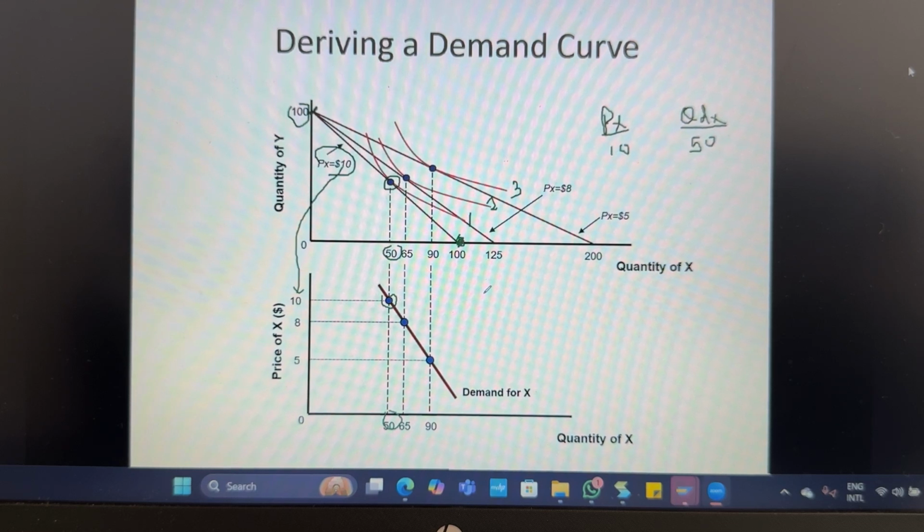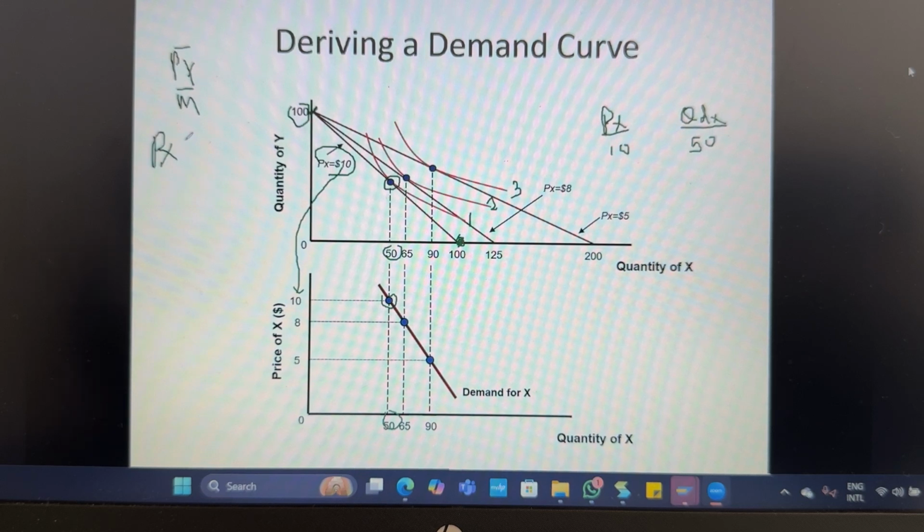Now suppose Py remains unchanged, M, that means your income remains unchanged, but Px is reducing to what? What is the new price of X? 8.